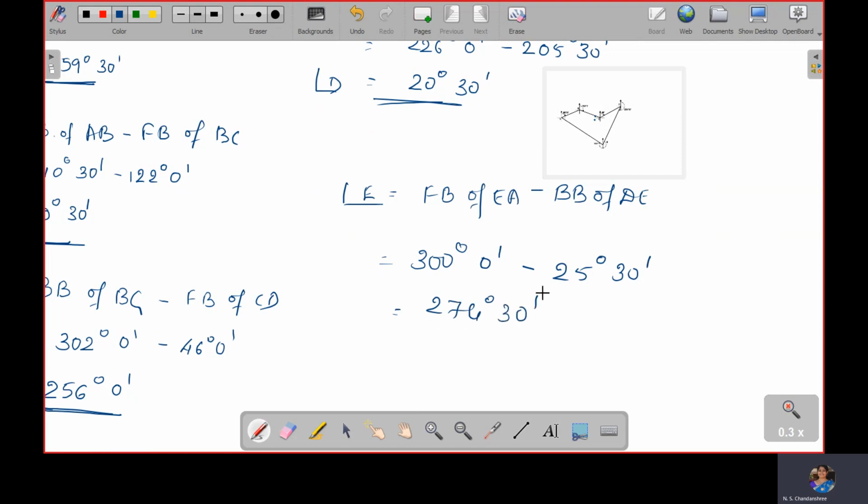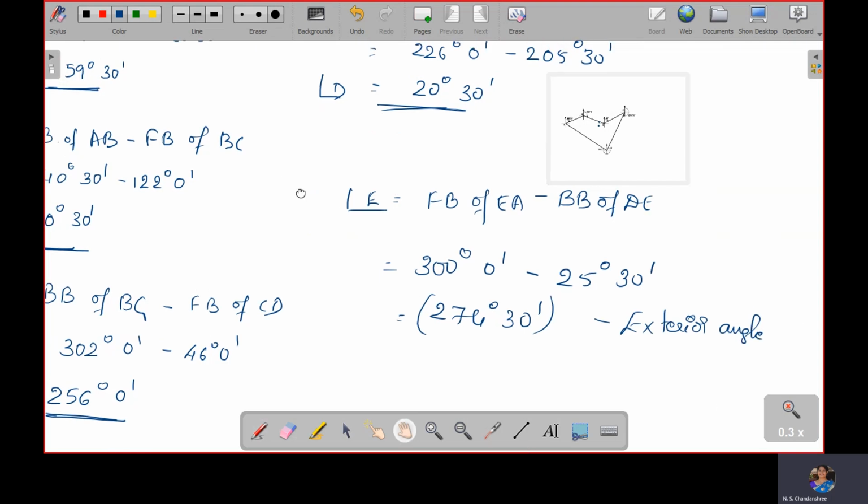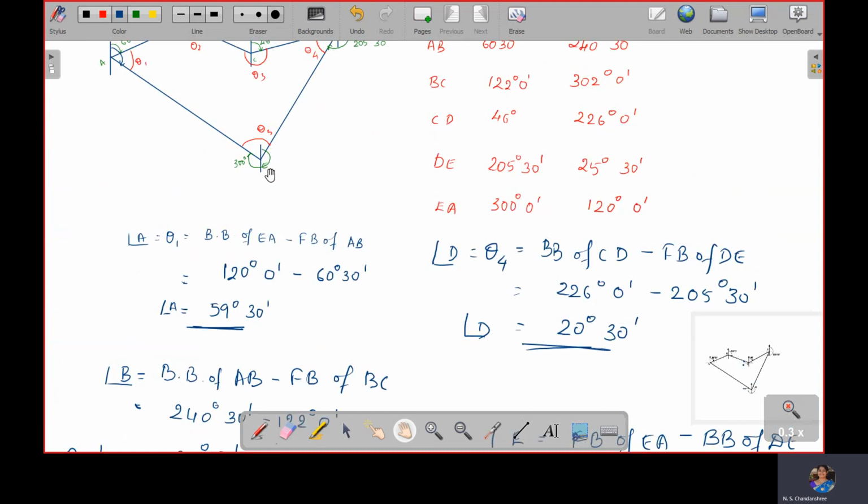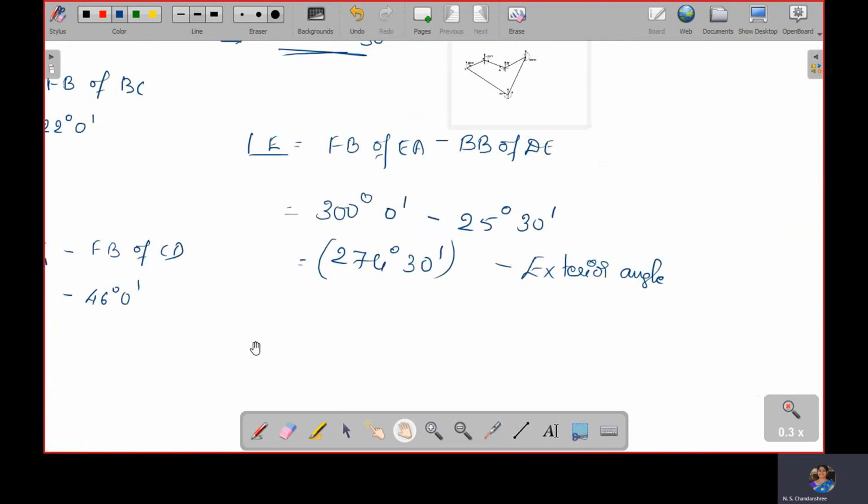Now this 274 degrees 30 minutes is the exterior angle, but what we need is the interior angle. If we subtract 300 minus the back bearing, we are going to get the exterior angle. So what we can do, angle E is equal to 360 degrees minus 274 degrees 30 minutes.